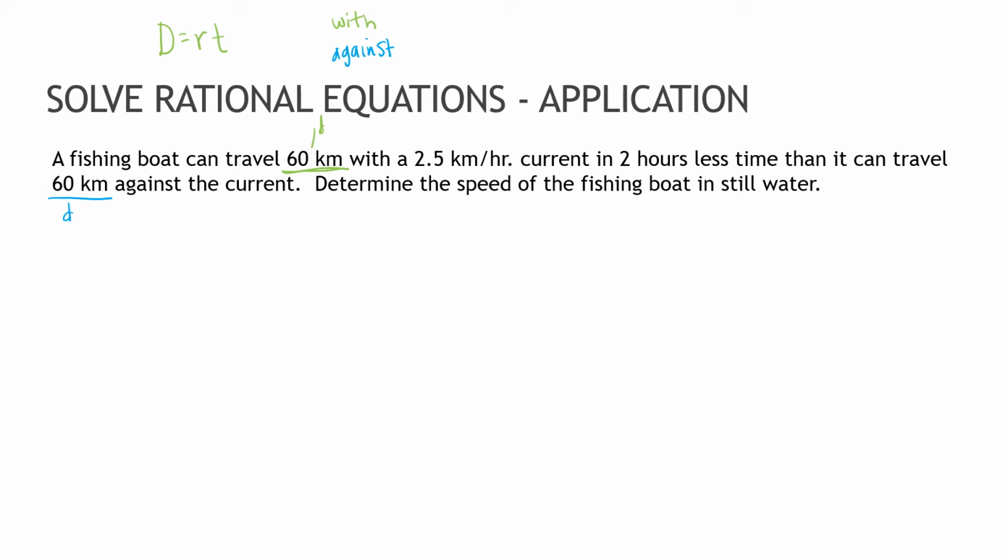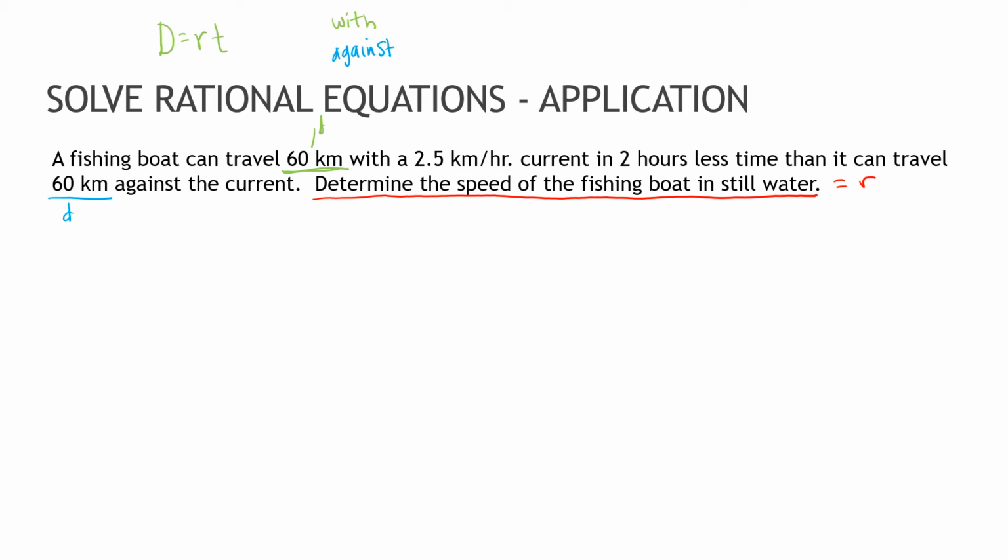Well, what I'm looking for is to determine the speed of the fishing boat in still water, which is not with or against, it's going to be involved in both. So I'm just going to call that R, because obviously it's a rate. And what else do I know? Well, I'm going to have to break out a new color, because I know that 2.5 kilometers per hour is actually a rate.